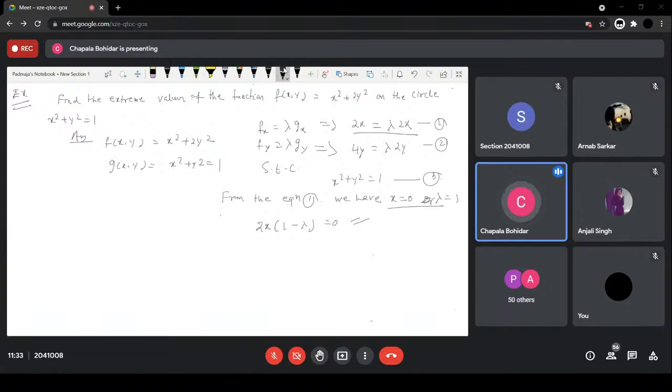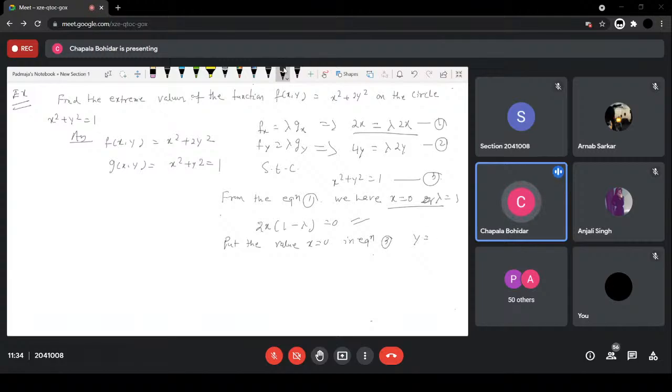If you put x is equal to 0 in equation 3, what is the value of y?